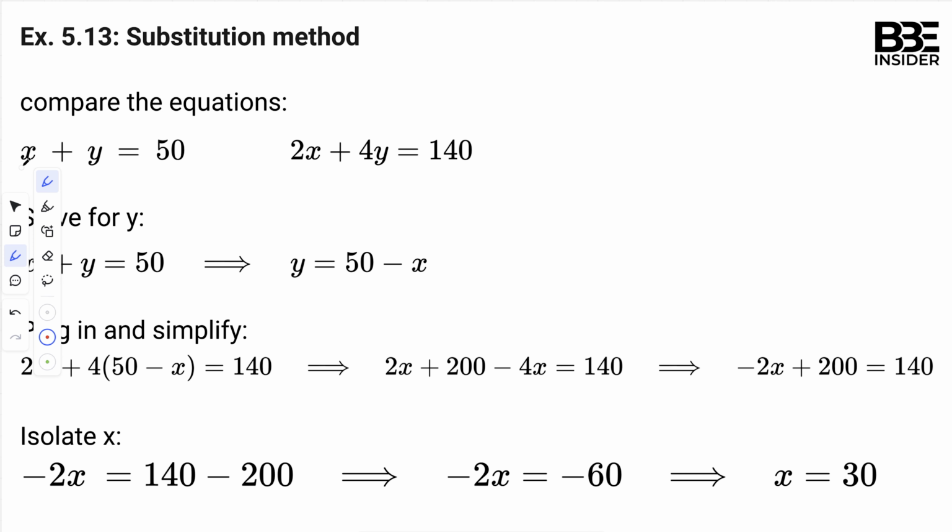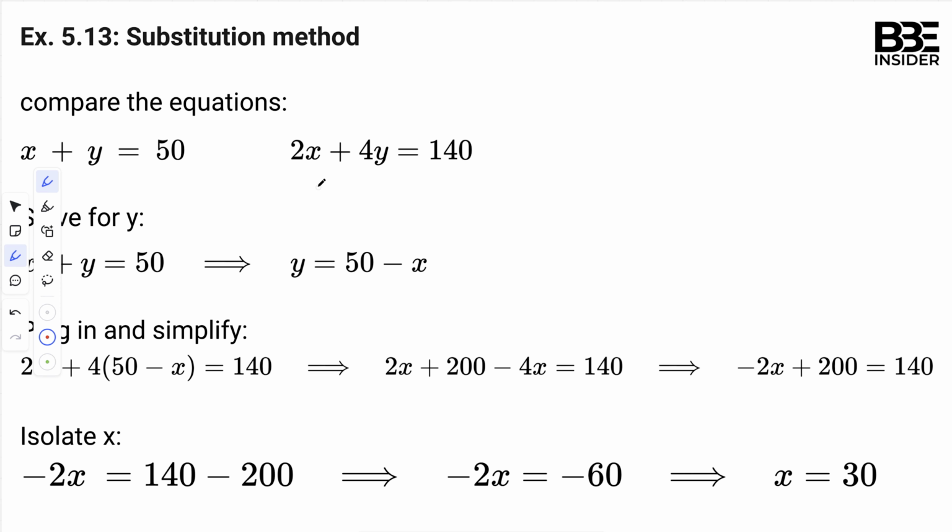Therefore, 1x plus 1y equals 50 heads. So, this one is done, and the other equation is that 2x, which represents 2 legs per chicken, plus 4y, which is 4 legs per cow, equals 140 legs in total.